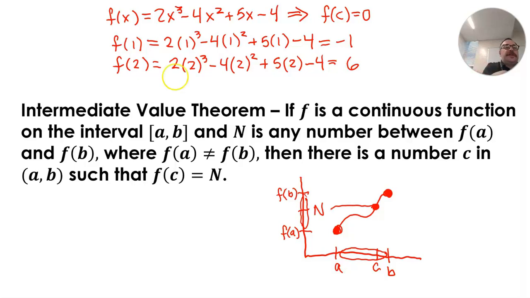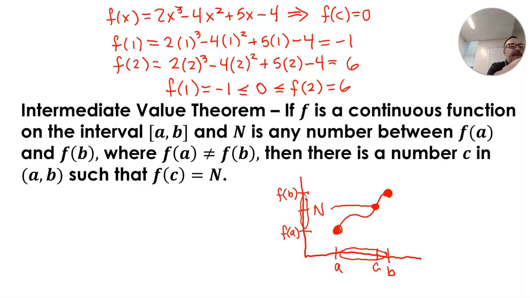So very interesting here, because that means that f of 1 equal to negative 1 is less than or equal to 0, which is less than or equal to f of 2, which equals 6.